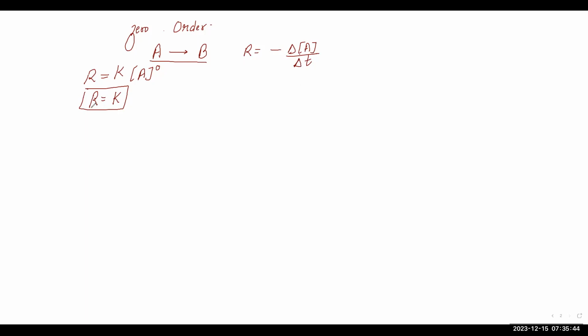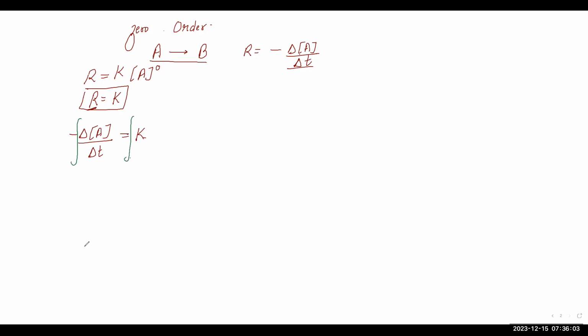Now I'm going to replace this rate by this equation: minus delta A over delta t is K. Now you need to integrate this equation.